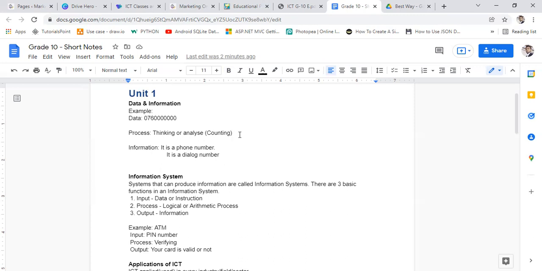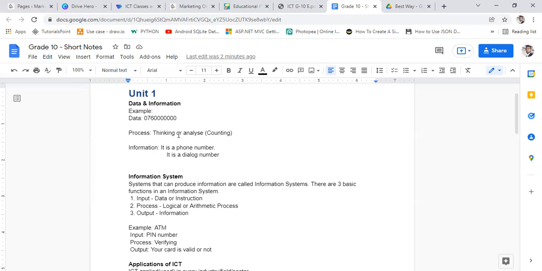So you have to do any of those processes in order to get information from the data. Okay, I think you understand this. Now just see.